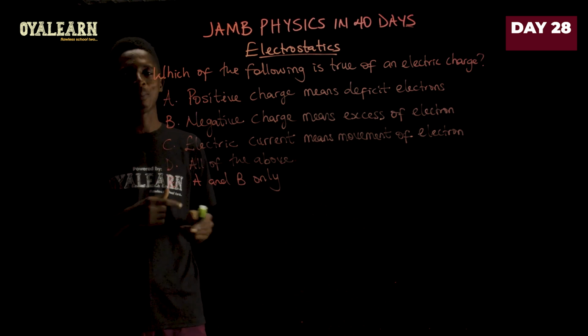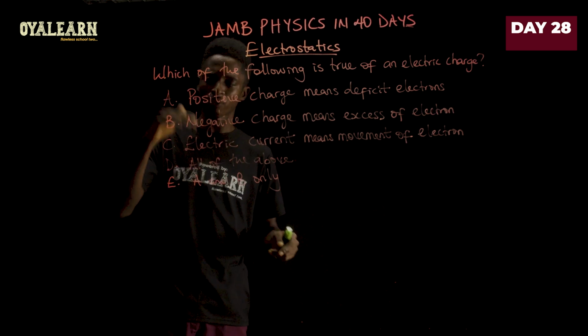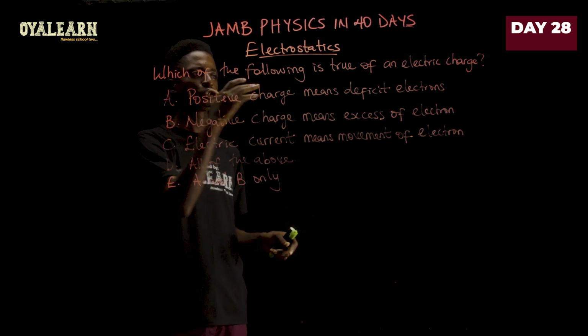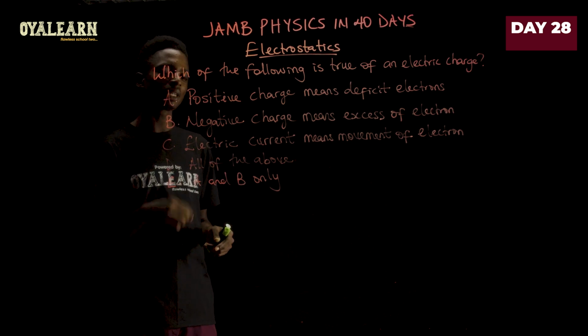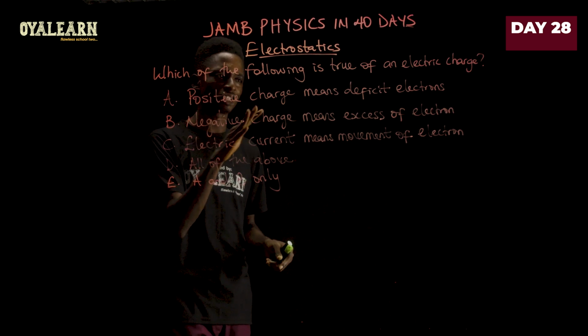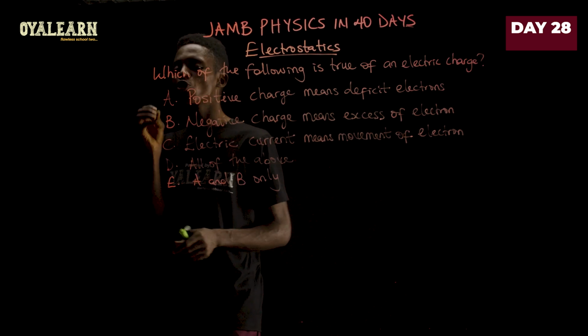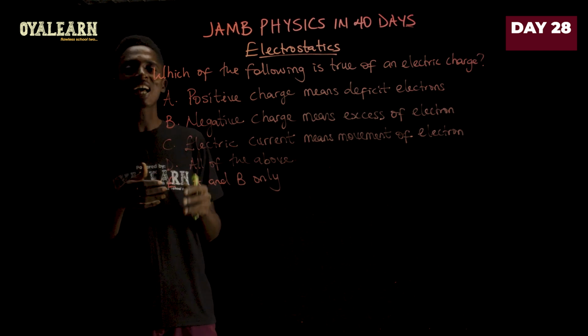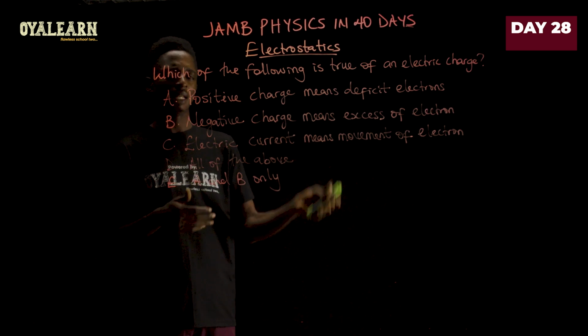Now, to answer this question, we have to pick which of these options provided is true when we talk about electric charge. Option A says positive charge means deficit electrons. For an object to be positively charged, there has to be a larger number of protons as compared to the number of electrons.